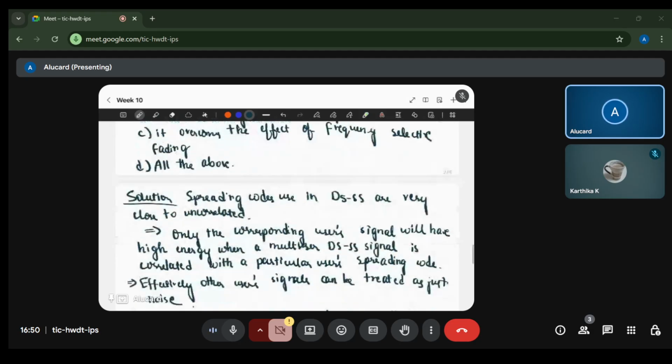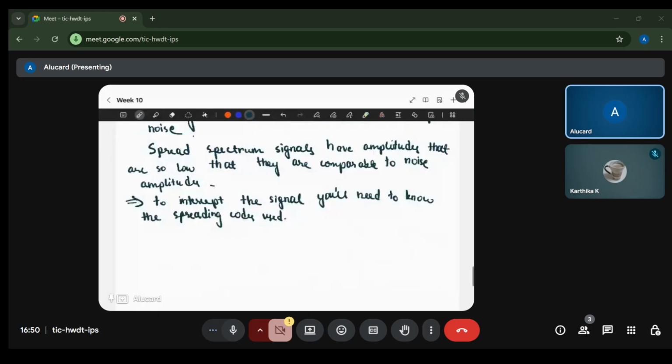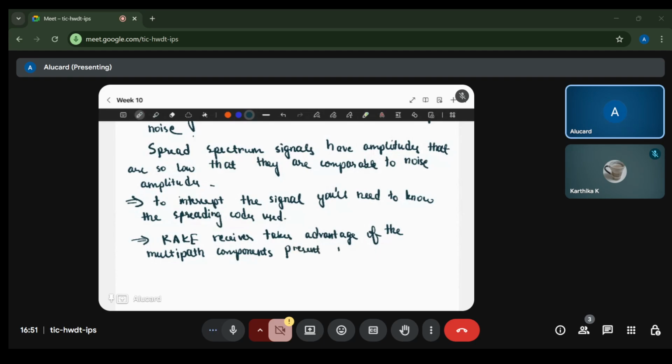Then the rake receiver that we use takes advantage of the multipath components present in frequency selective fading.